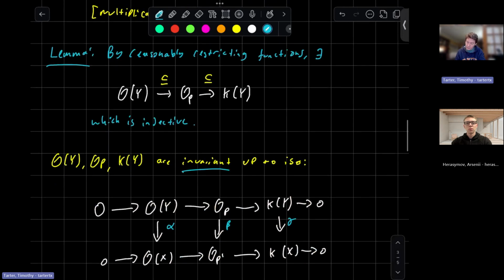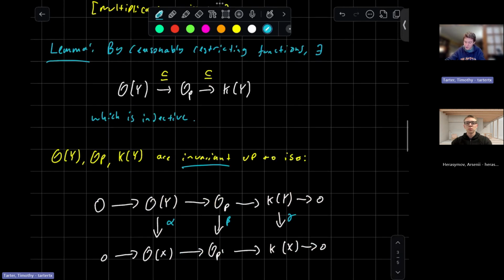And then we said that by reasonably restricting functions, we get this chain which is injective. What this means is that K of Y contains O_P and O of Y as subfields. Or sorry, as subrings, not subfields, subrings.